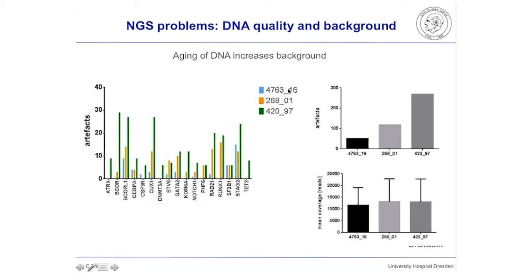So there is some evidence, we have not formally studied that in detail, that the aging of DNA also increases the background, and this might also be an aspect you want to look at when you see an increased number of background results.